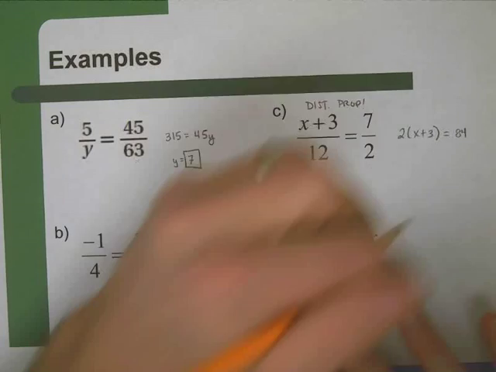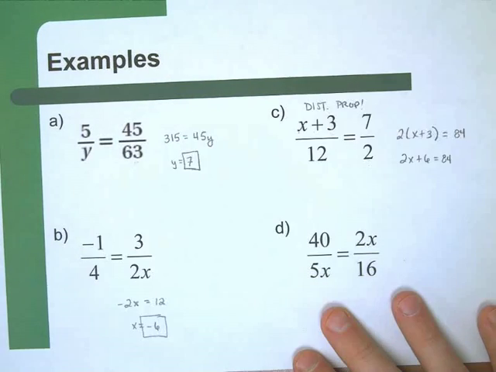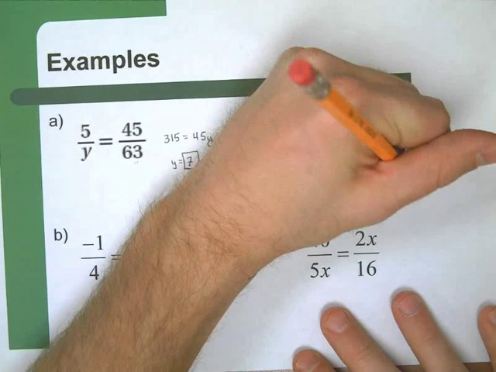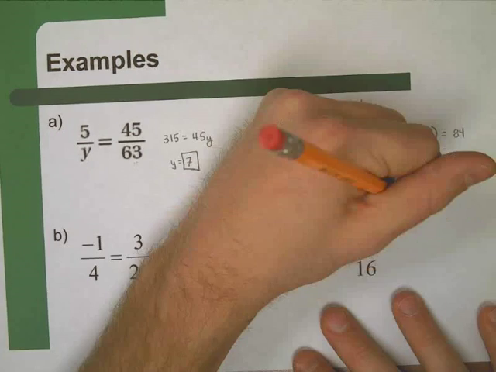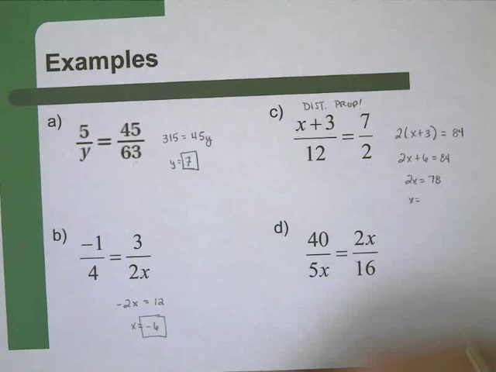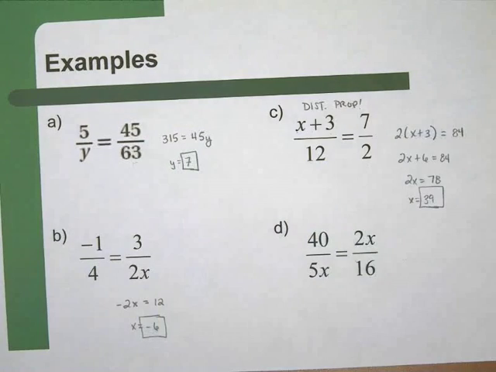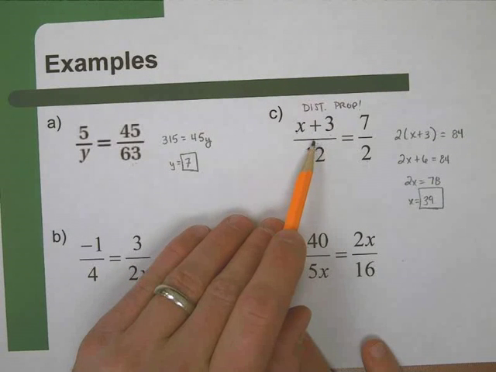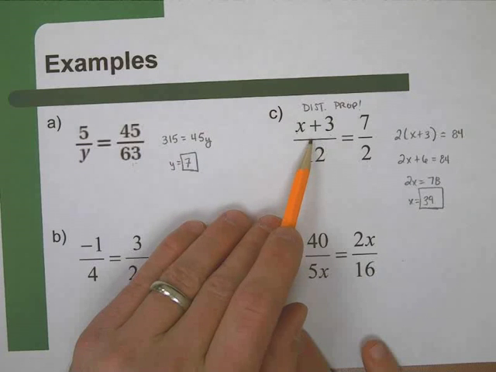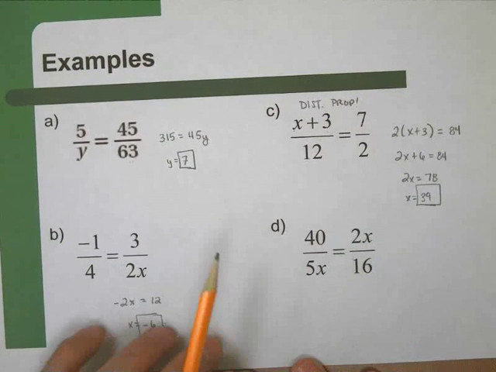My next step is simple: distribute the 2. 2x plus 6 is equal to 84. Subtract the 6 from both sides, so 2x is equal to 78. Divide out the 2, and x is equal to 39. Pretty straightforward. Just keep in mind, if you have plus signs inside your fractions, that's going to be a distributive property problem. Not tough, just one extra step.